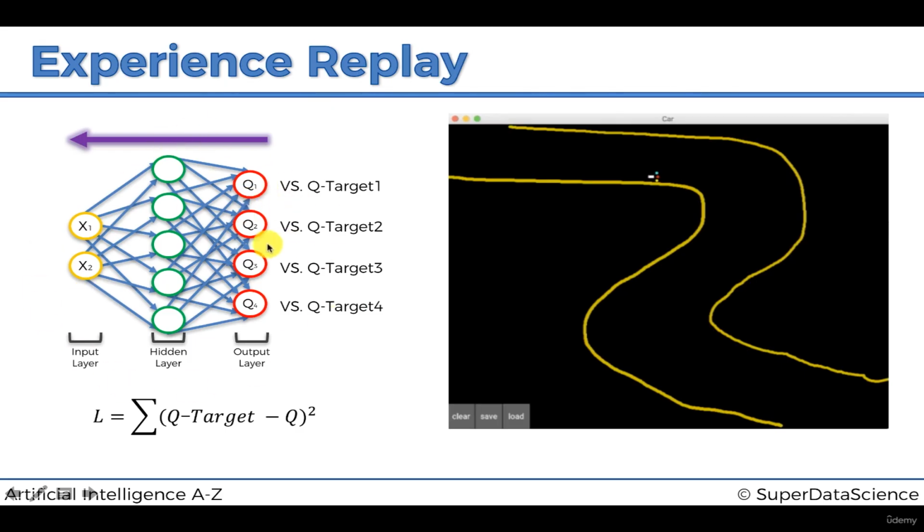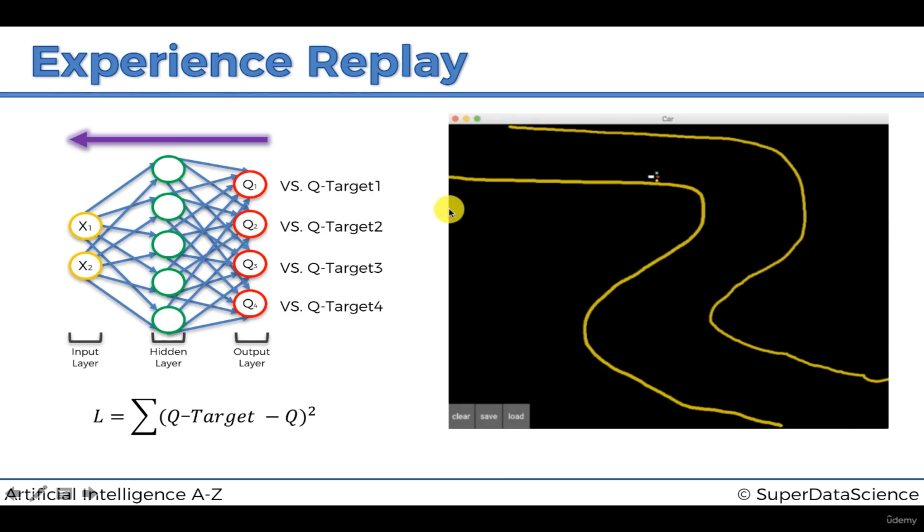Q values are calculated. The error is calculated based on what we discussed in previous tutorials. This error is back propagated through the network, weights are updated, then the car selects which action it wants to take, makes that move, and ends up in a new state. In the new state, everything starts over again. And so basically this happens every time the car is in a new state.